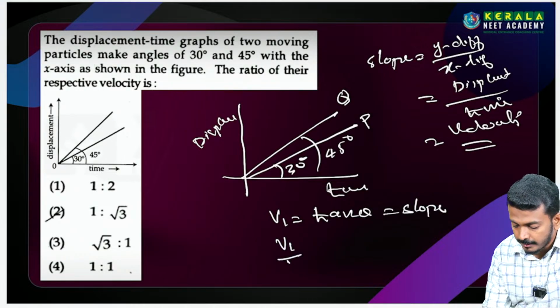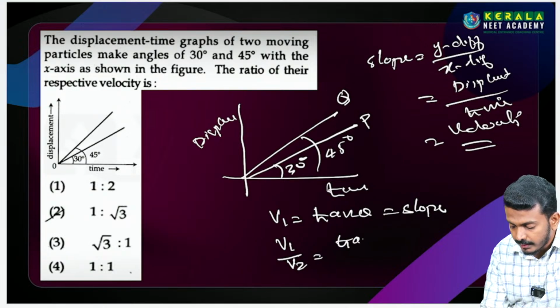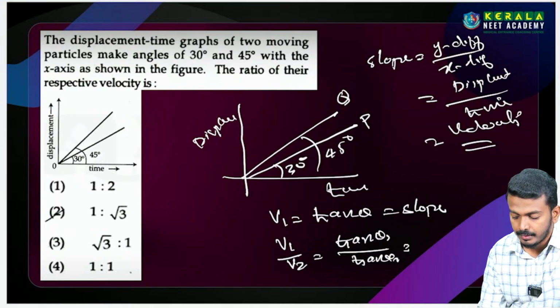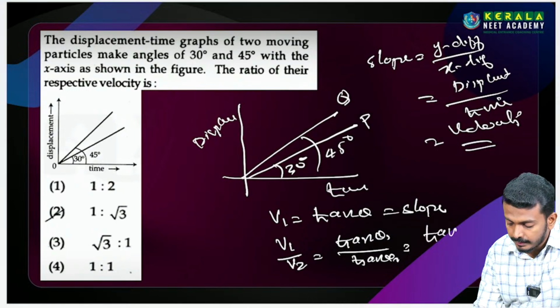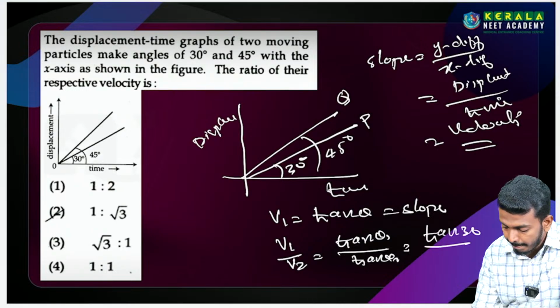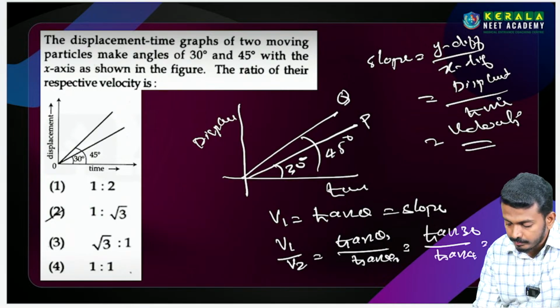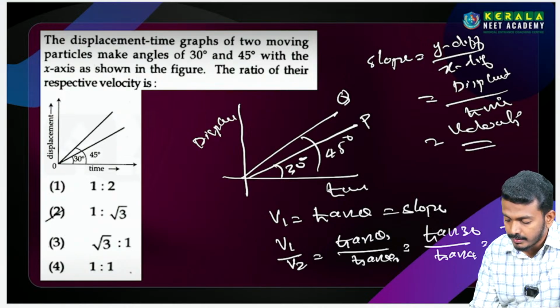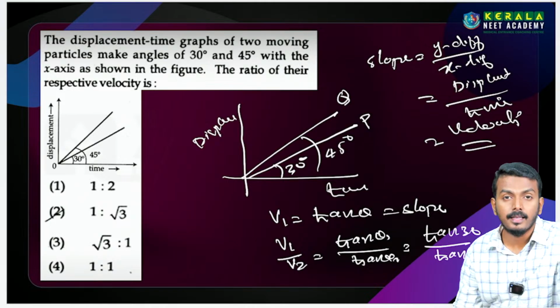Velocity ratio, v1 by v2, is equal to tan theta 1 divided by tan theta 2. That is tan 30 divided by tan 45. Tan 30 is 1 by root 3, tan 45 is 1. What is the answer? 1 by root 3 is the correct answer.